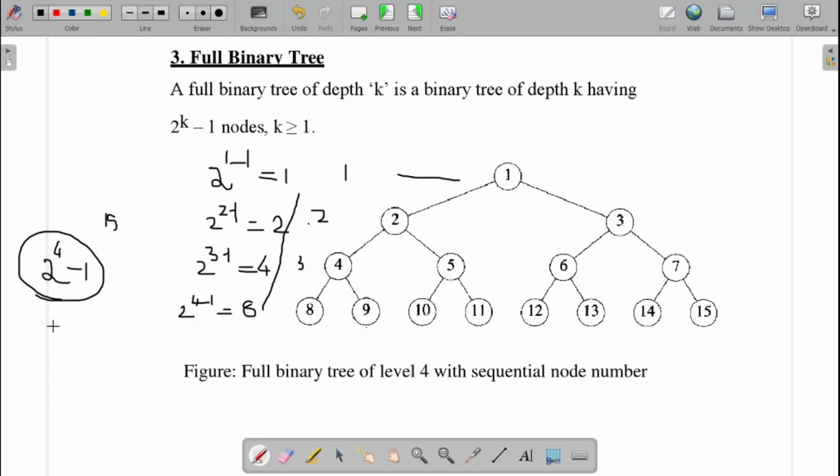So 2 power 4 is 16, 16 minus 1 is 15. That is, when each level is full, then we say it is a full binary tree. So this is the third variation of the binary tree.